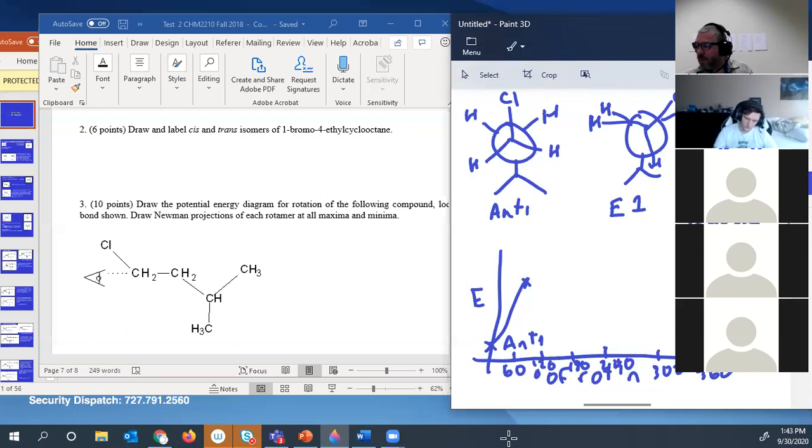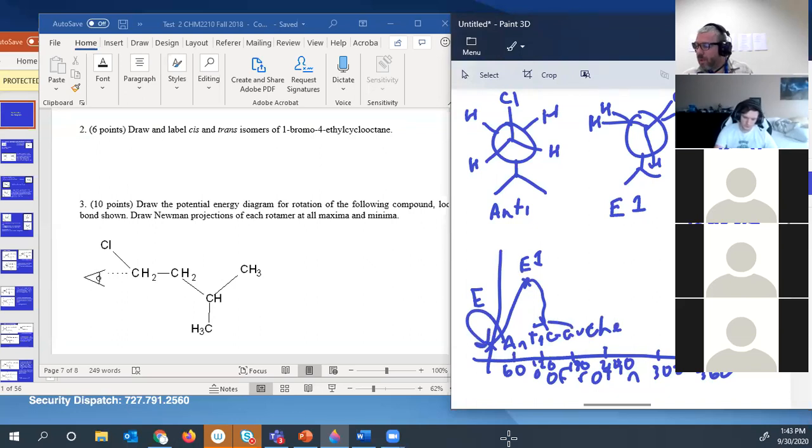That's a staggered conformation that's a bit higher in energy than anti, but it'll be down here. So E1 is there, this will be gauche, and the anti is here.